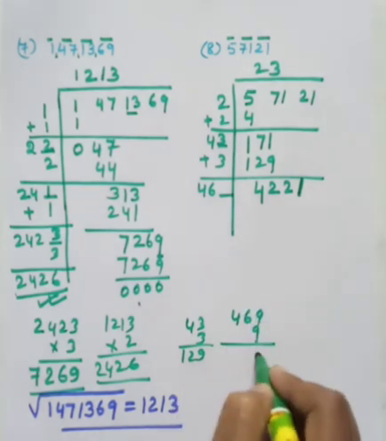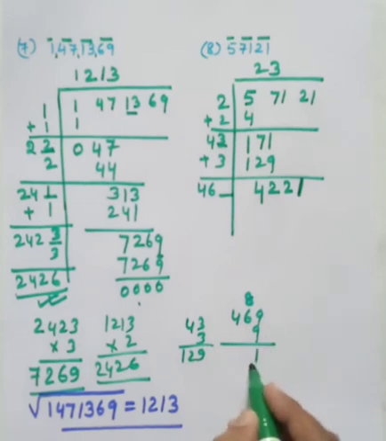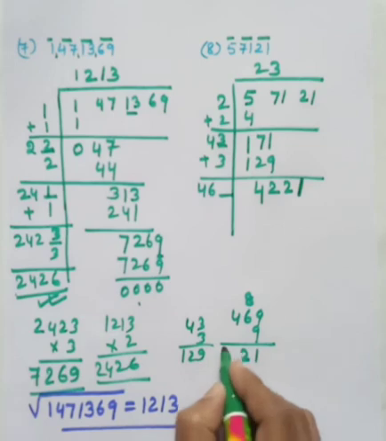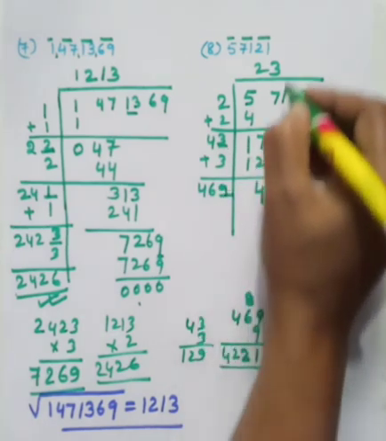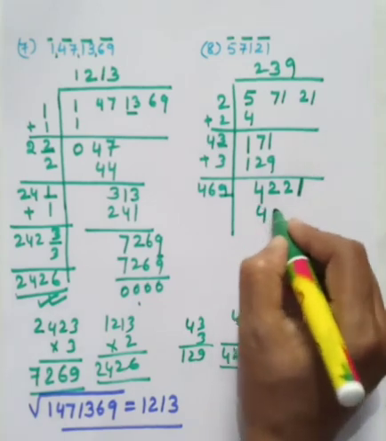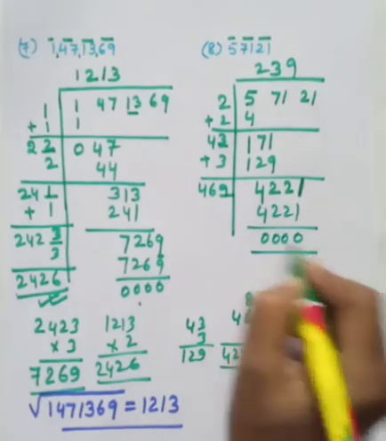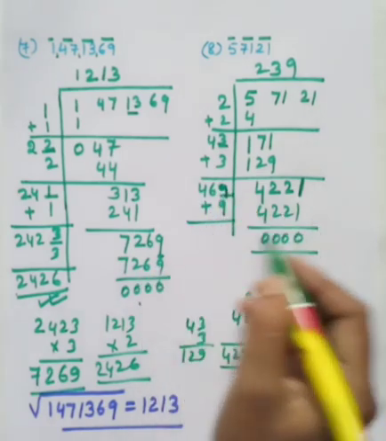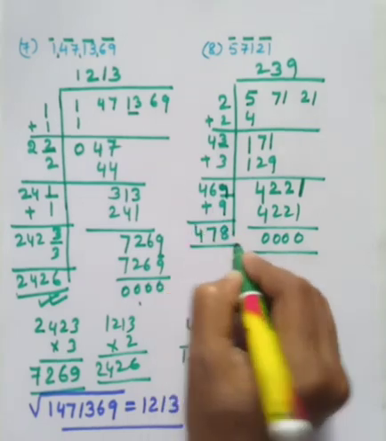So see, 469 9s are: 9 9s are 81, 8 carried, 6 9s are 54 and 8 is 62, 6 carried, 9 4s are 36 and 6 is 42. So 469 9s are 4221. So you are getting remainder 0. Plus 9 if you do here, you will get 9 plus 9, 18, 1 carried, 7, 478.